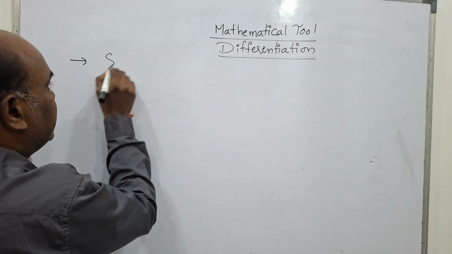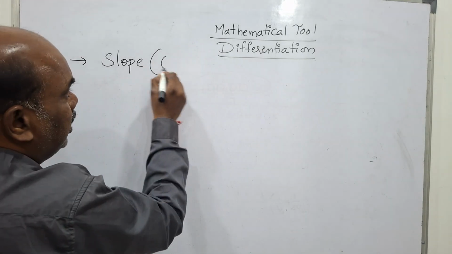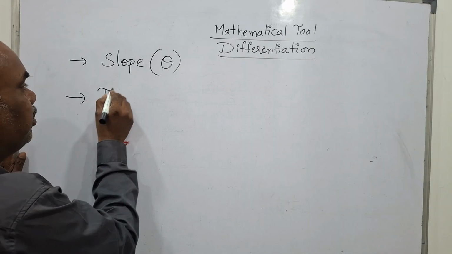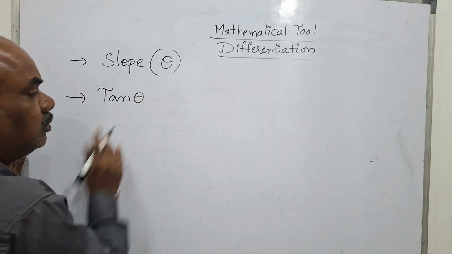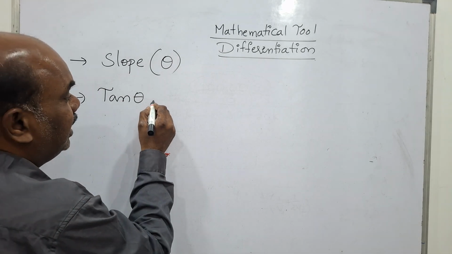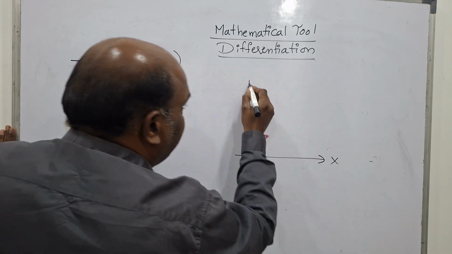Differentiation means, in mathematics we simply call it slope. Slope is denoted by theta. How to find theta? Theta, we can say, is tan theta. Tan 45 value is 1. So tan theta, if theta is very small, this is x-axis, this is y-axis.